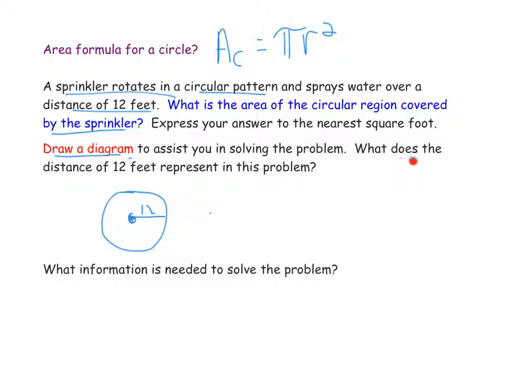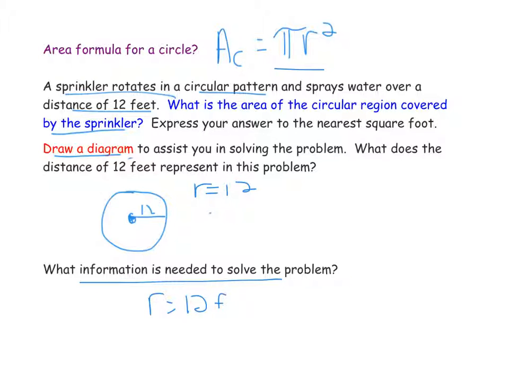So the first thing it says is, what does the 12 represent? Well, hopefully you know by now that the center to the side is the radius. So the radius is 12. And then what information is needed? Well, to find the area, we need to know the radius, which is 12 feet.